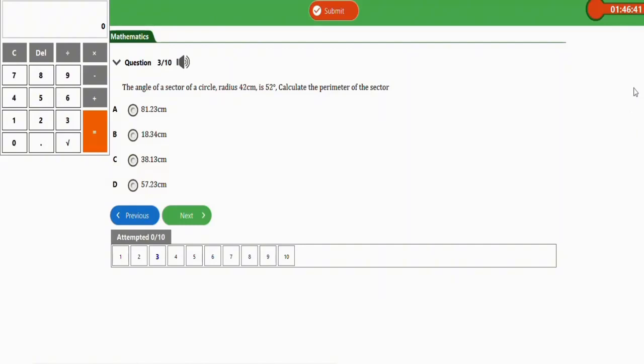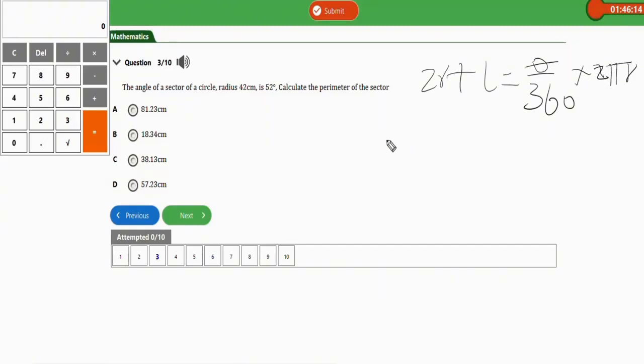Now in this question we are dealing with perimeter, not area. For the perimeter of a sector of a circle, the formula is 2r, r standing for radius, plus the length of arc of the sector, and the length of arc of a sector is theta over 360 times 2 pi r.